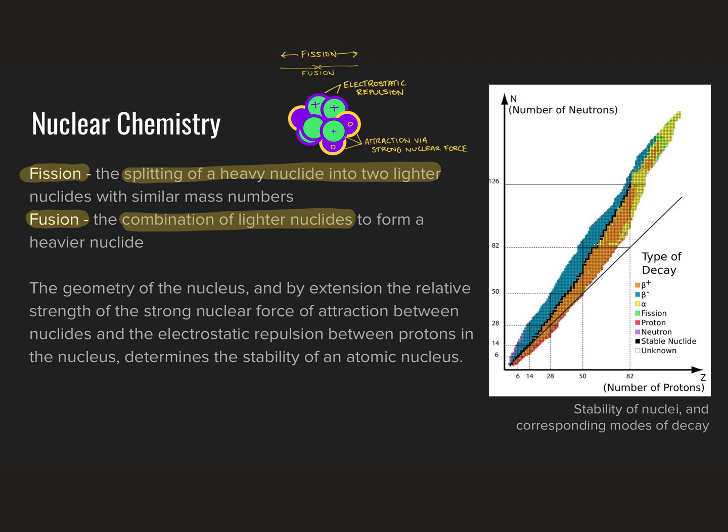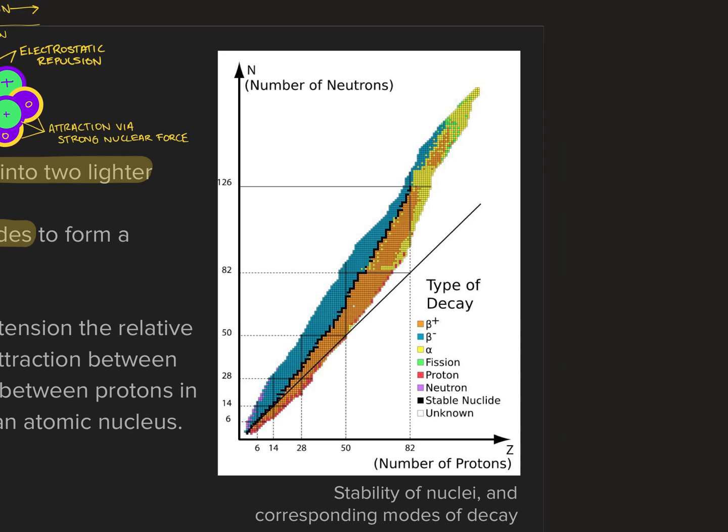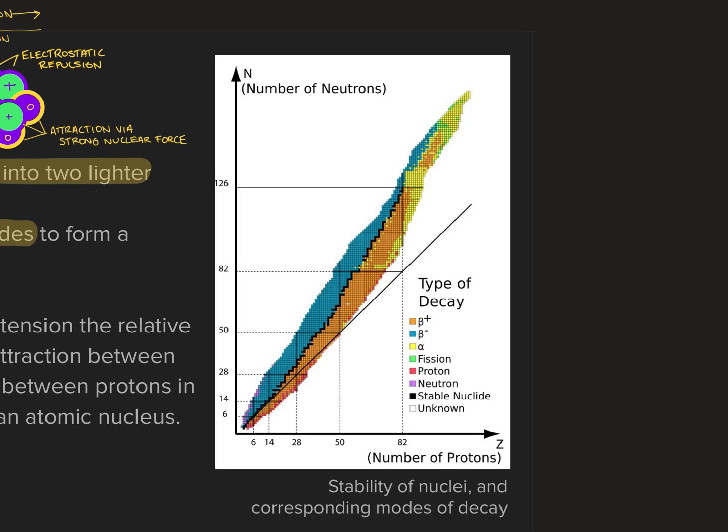And if you have a look at this graph that we have here to the right, we've graphed essentially a table of nuclides showing the type of decay modes which are dominant for different nuclear species. You'll notice that depending upon where you are above or below a line of stability through the center there, different modes of decay tend to be dominant.